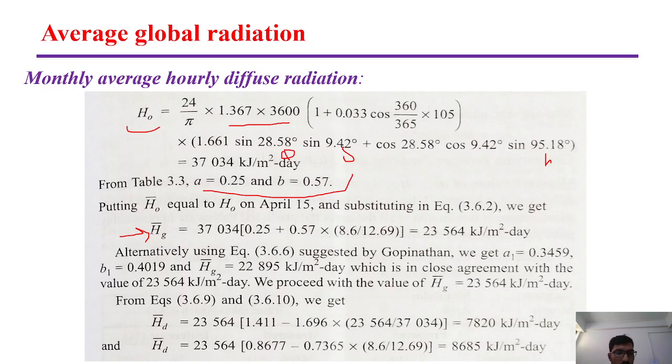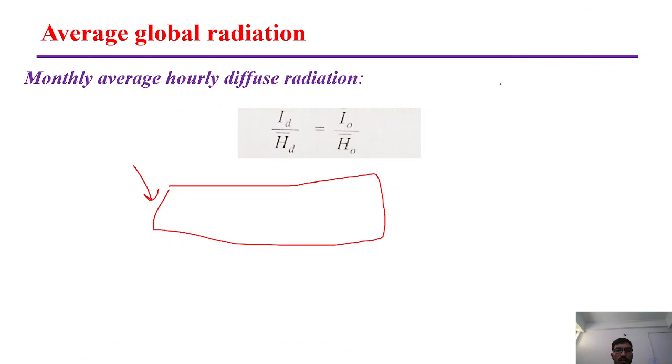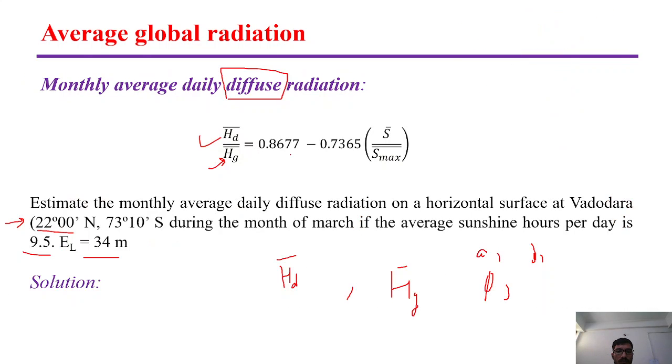How do we calculate the value for HD? The monthly diffuse radiation divided by the monthly global radiation, HD by HG, is a function of 0.8667 minus 0.7365 S bar upon S max.